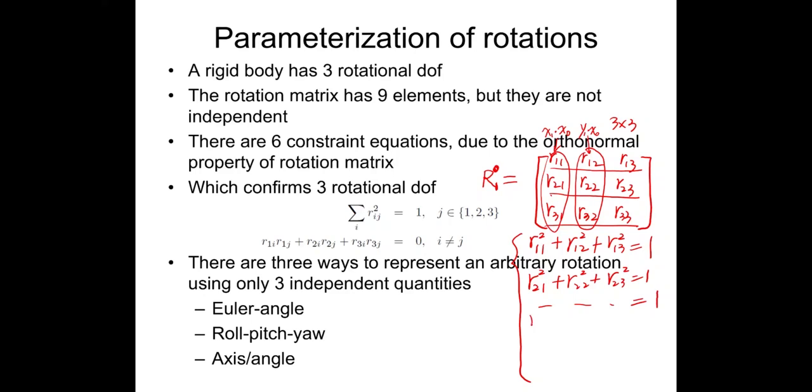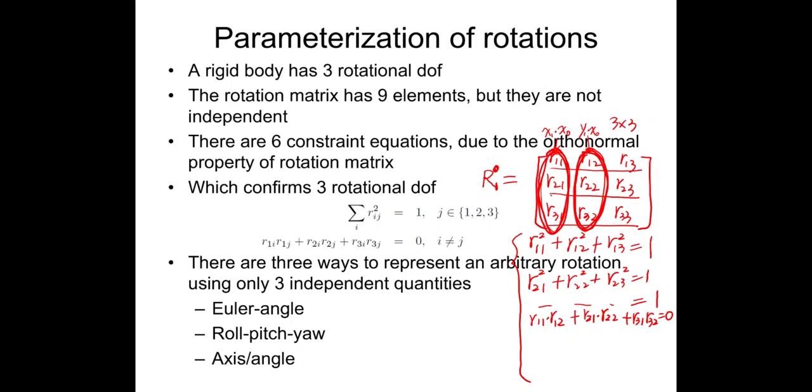So then we have R11 times R12 plus R21 times R22 plus R31 times R32 equals 0, because this is the calculation of the dot product of this vector and this vector.